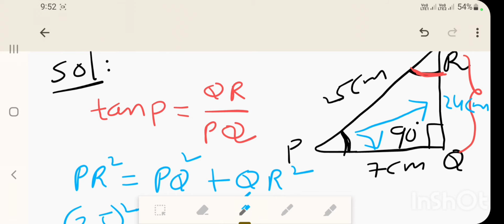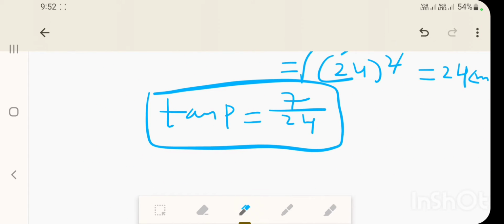Okay, opposite to P is QR, divided by PQ. So what is QR? We got 24, divided by PQ, which is 7. So this is tan P, that is 24 by 7.